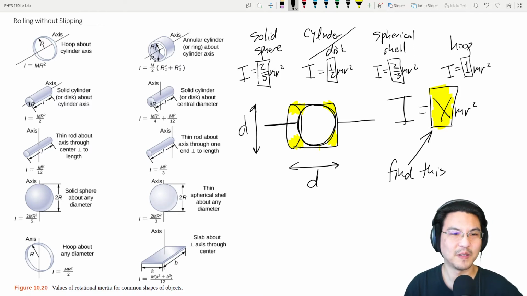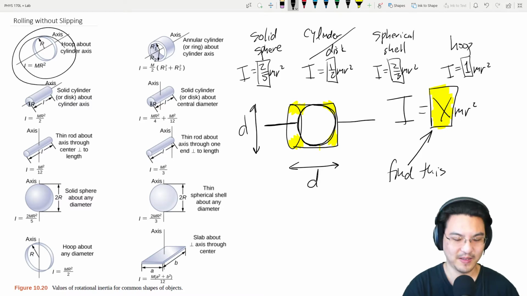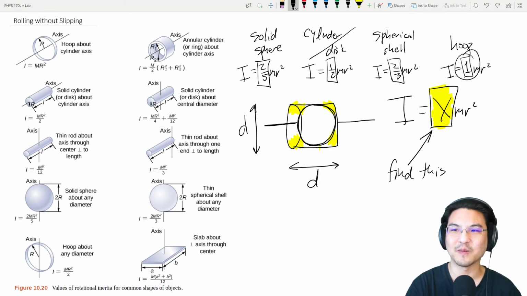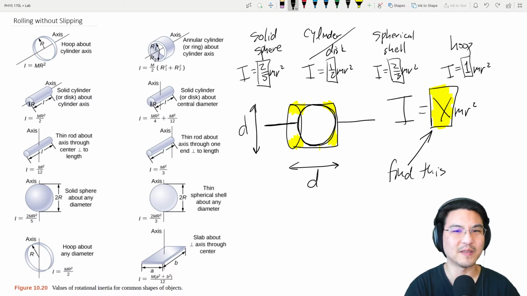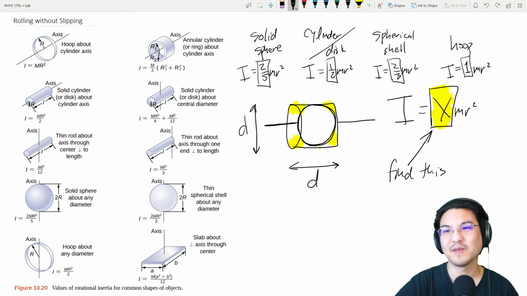You can hypothesize that if you rolled something that's more like a hoop, you're expecting a value that's closer to 1. If you rolled something more like a solid sphere, you're expecting a value closer to 0.4. So really it's going to be some value between 0.4 and 1. And the more of its mass distributed away from the center, the larger.